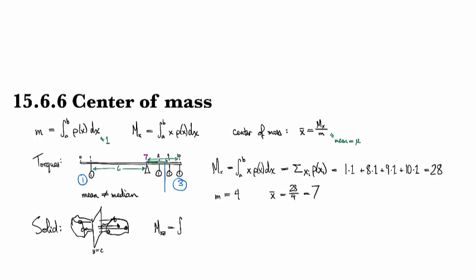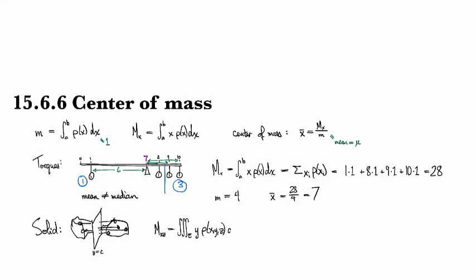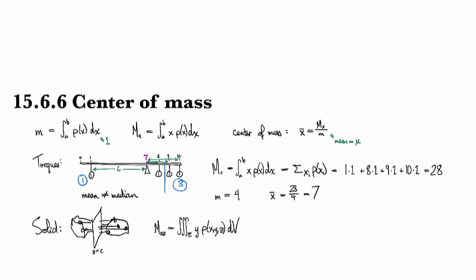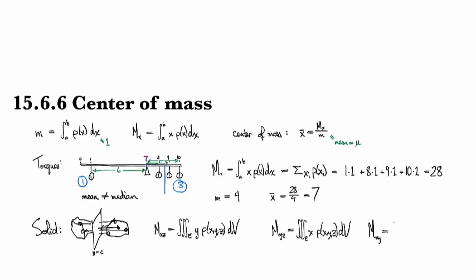And that would be the triple integral over E of y, the coordinate we want to determine, times the density dV. And similarly, we also have Myz in order to get the x moment, and Mxy, the z moment.